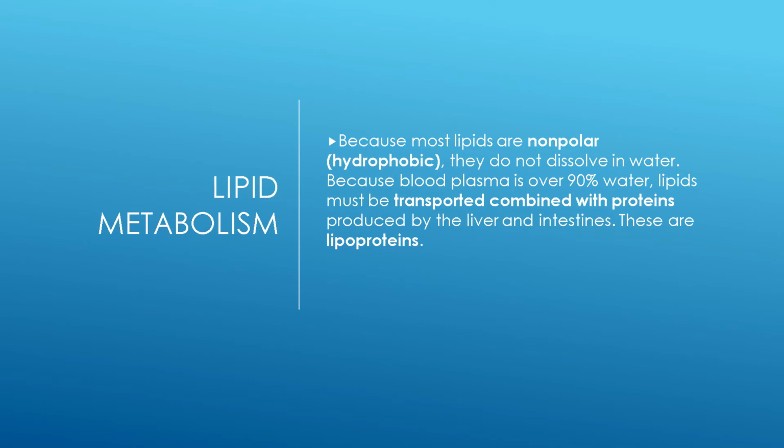So let's move on to lipid metabolism. Now, most lipids, like triglycerides, are going to be nonpolar, and so they're going to be very hydrophobic molecules. So they don't dissolve in water, and in order to be transported in the very watery blood, these molecules must first be made more water soluble by combining them with proteins produced by the liver and intestine.